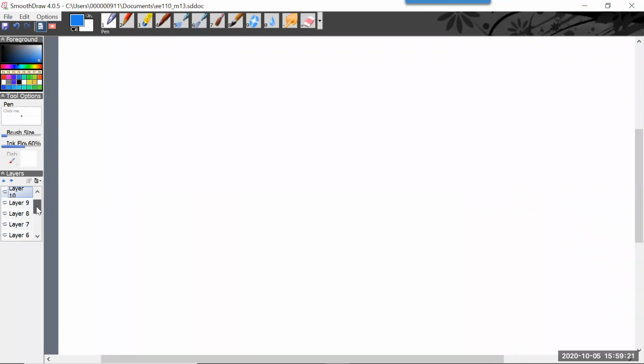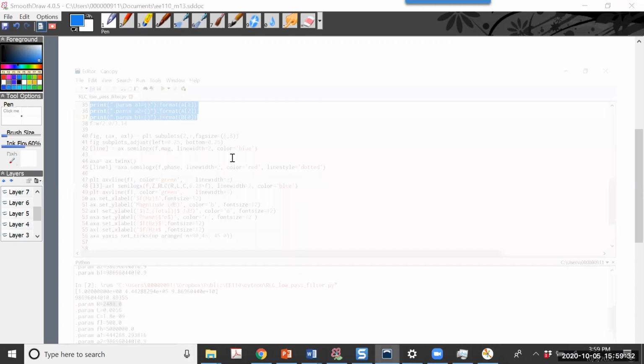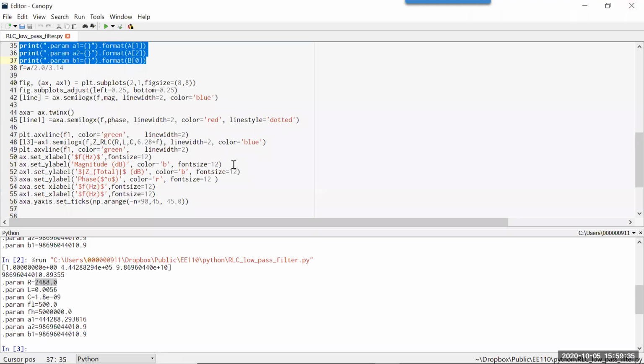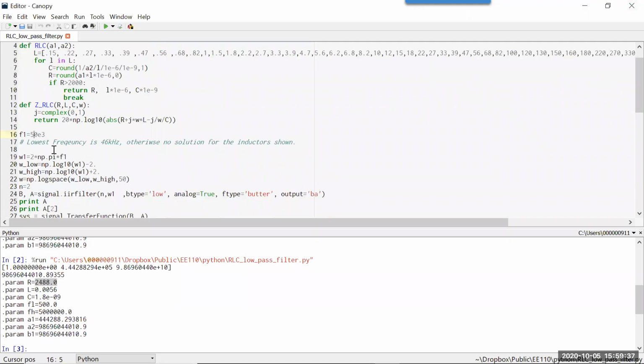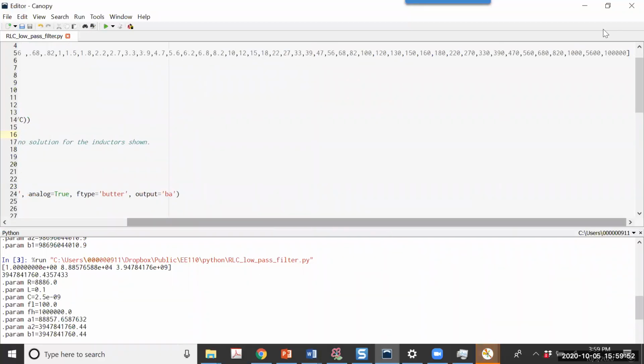What I'm saying is sometimes you don't really know something's going to work ahead of time. All right. And so it turns out, what if I want to make an RLC circuit at 10 kilohertz? Okay.